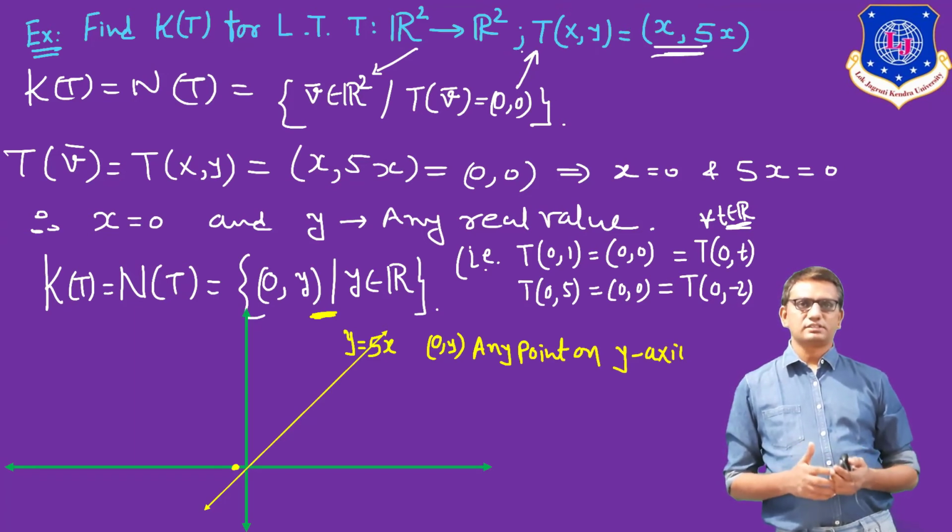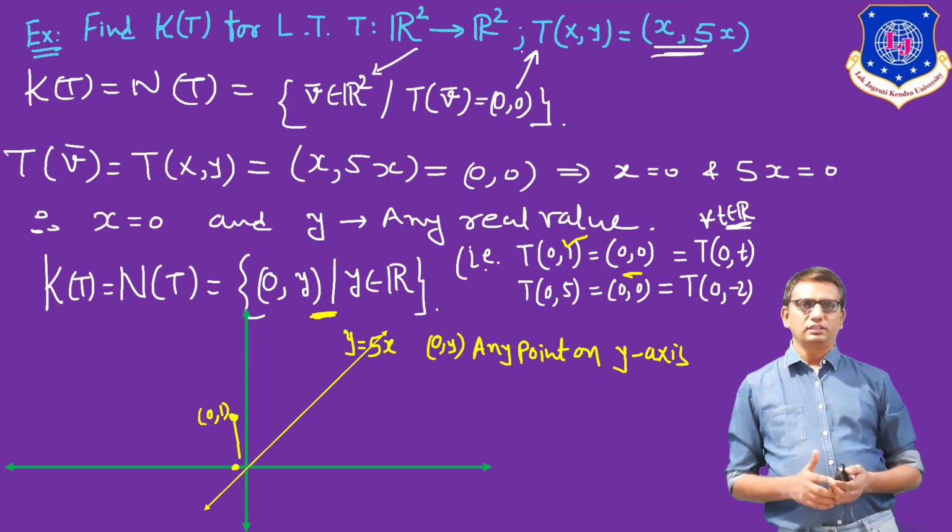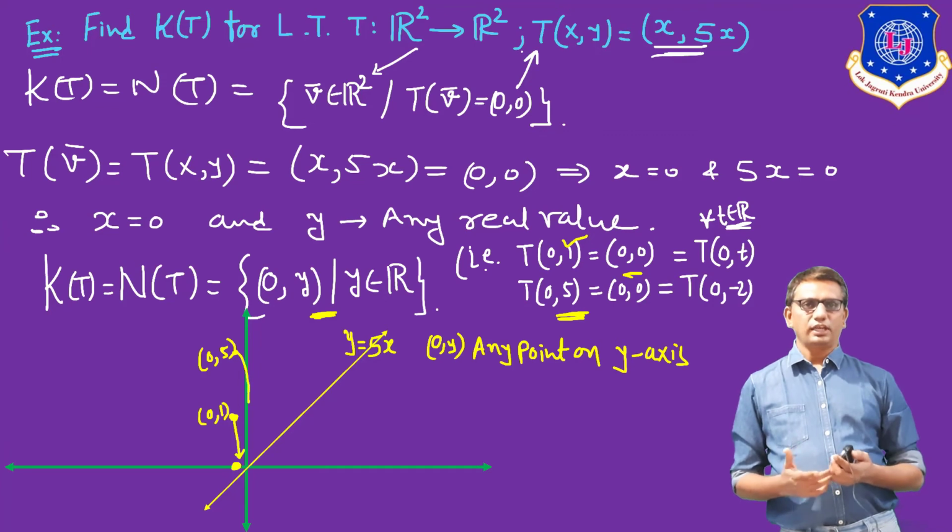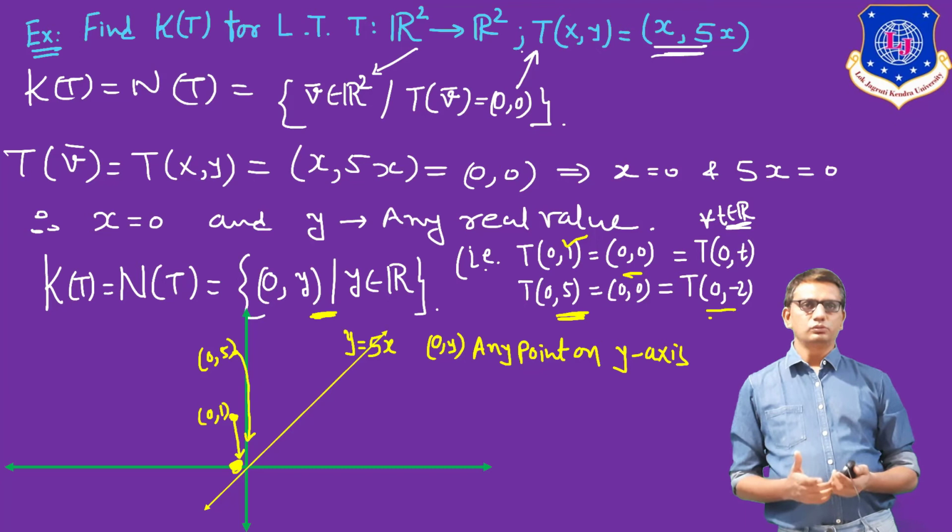And in this case, if we take any point on the y-axis like (0, 1), (0, 5), its image is (0, 0). (0, -2), (0, 2), any point (0, 5), (0, 1), (0, -2), all have a 0 image.